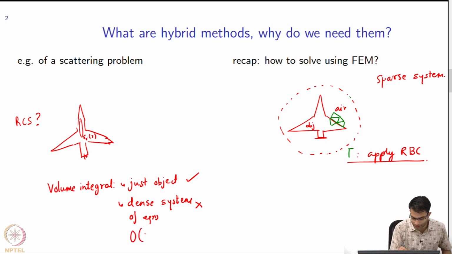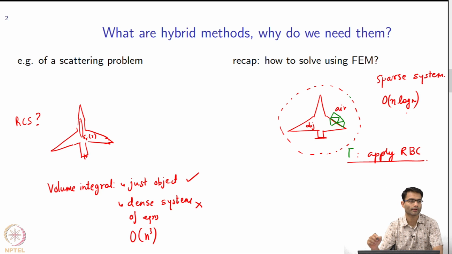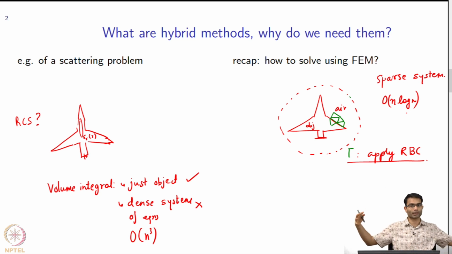Roughly it is a little bit less, but it is order of n cube, and for the sparse system of equations it is n or n log n? It is more like n log n. But still, log n is a small number. So as n becomes larger and larger, you are going to a 3D aircraft, a 3D ship or whatever, n cube just becomes too much.